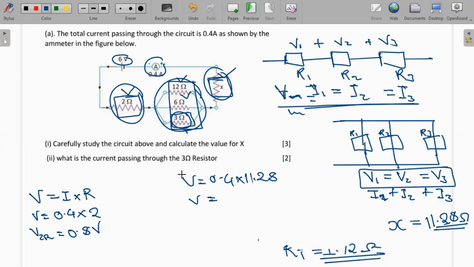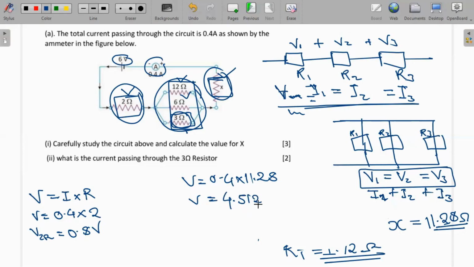4.512. This is what we are getting. Why does this number look so big? Okay, so if we add this and that, what are we getting?